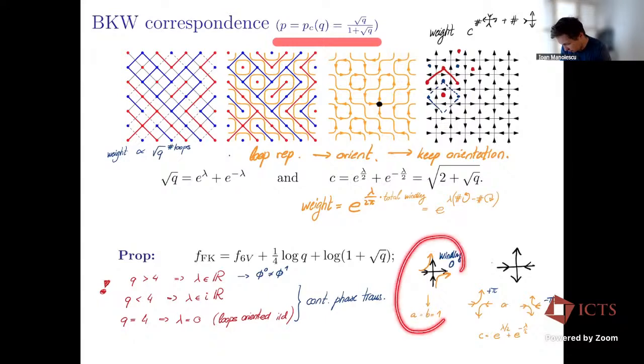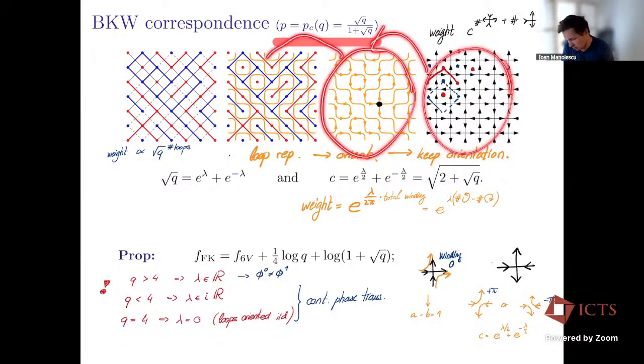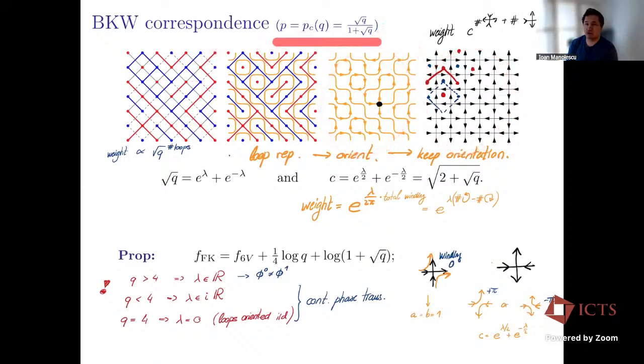So vertices of type A and B are split unambiguously. There's only one way to do it. Whereas vertices of type C, which have two opposite incoming edges, have two ways of being split. So as you take all the ways of splitting this image, you obtain all the images here, and as you go to the left, you obtain an FK percolation configuration.